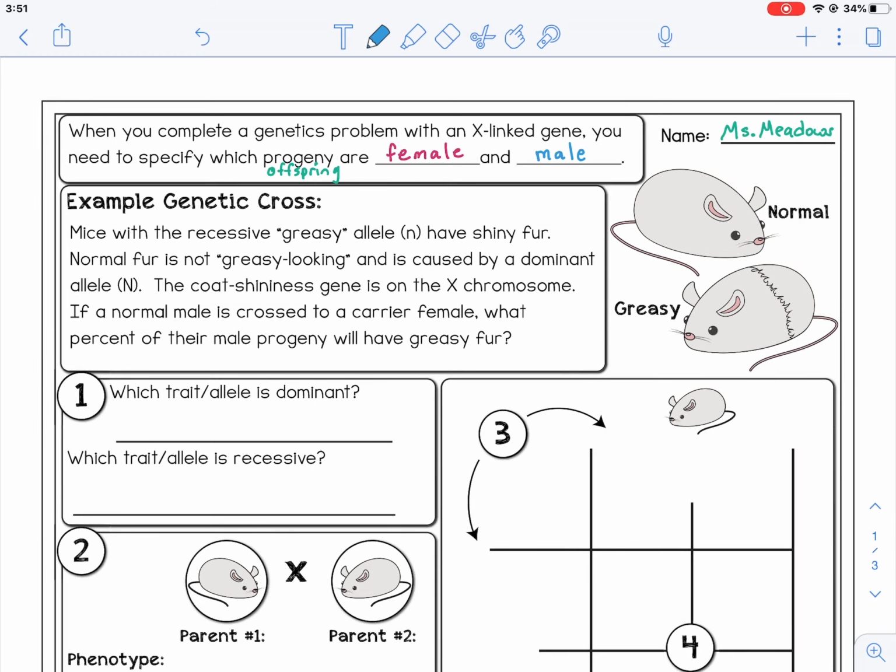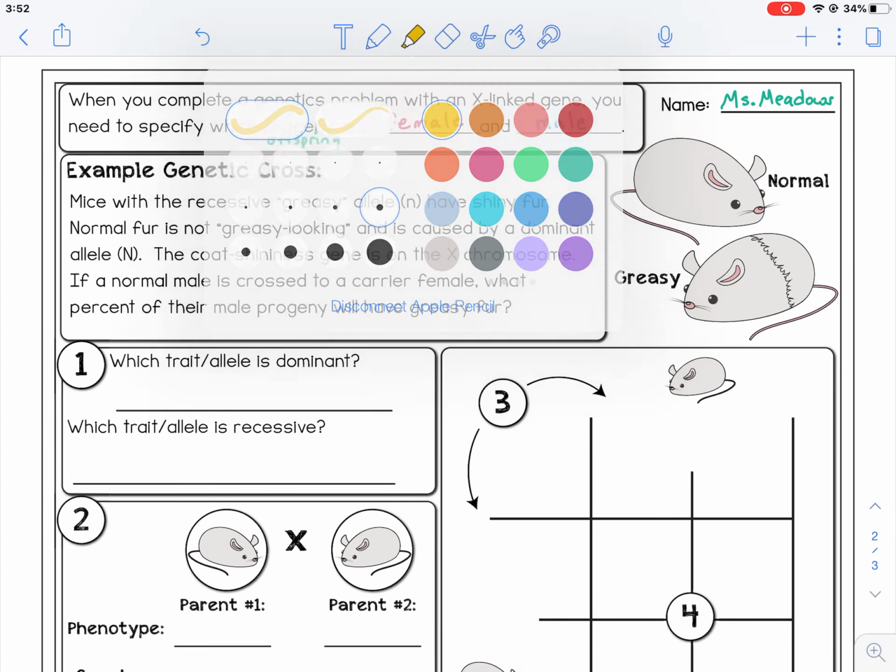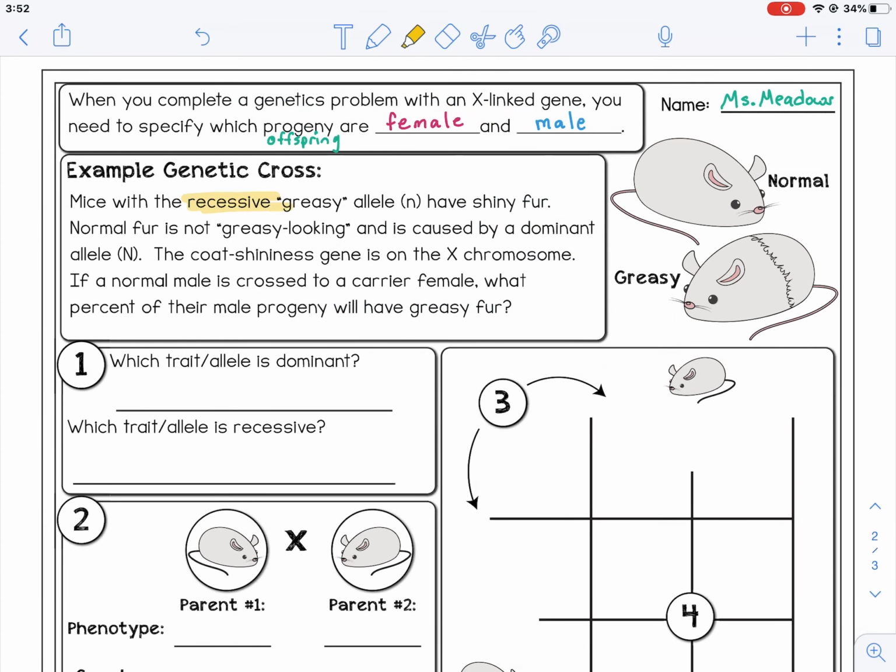So in this example, we are going to look at mice. So we have these two little mice over here off to the side. Mice with the recessive greasy allele, so little n, have shiny fur.